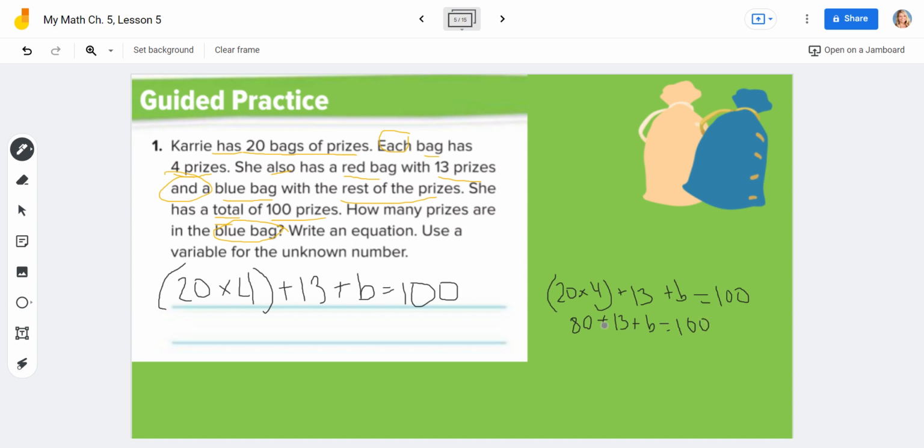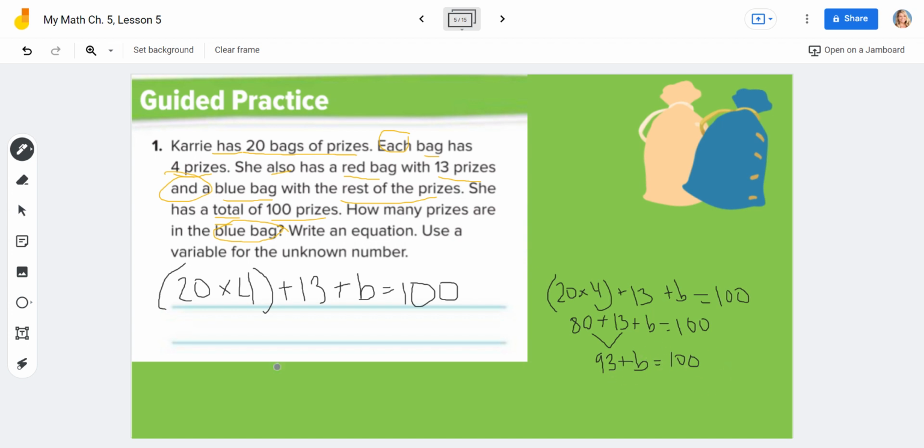All right, so now looking at my problem, I'm going to have to add my 80 plus 13, which is 93, plus B equals 100. All right, so here I am. I've worked this down, and now I'm at an addition sentence where I'm missing something. 93 plus B equals 100.